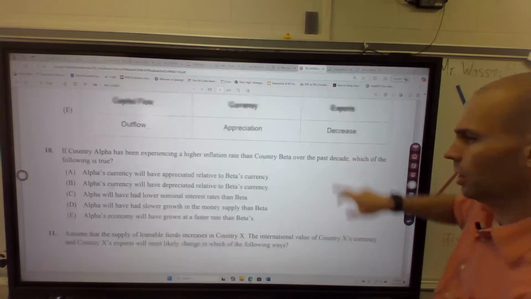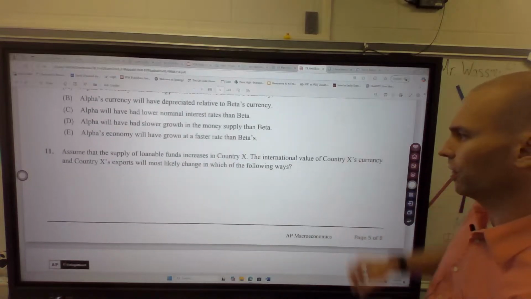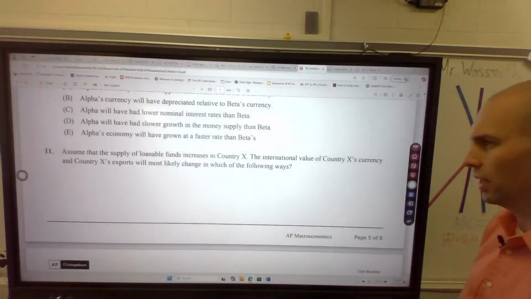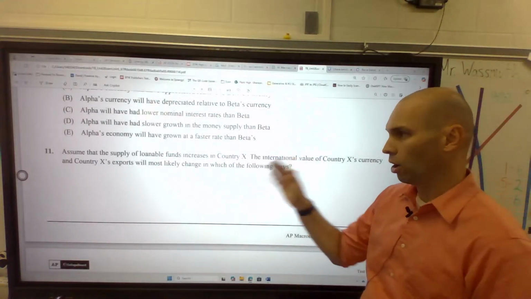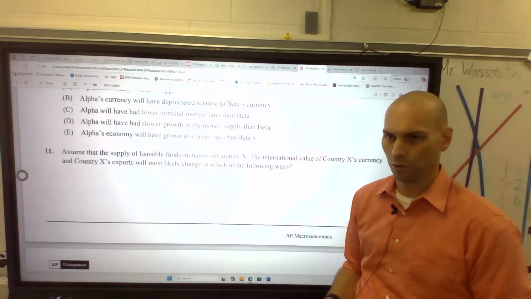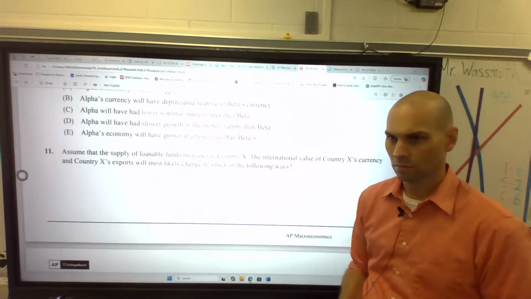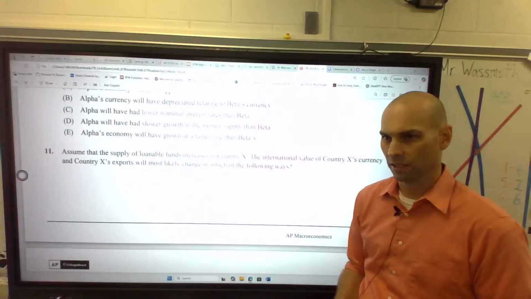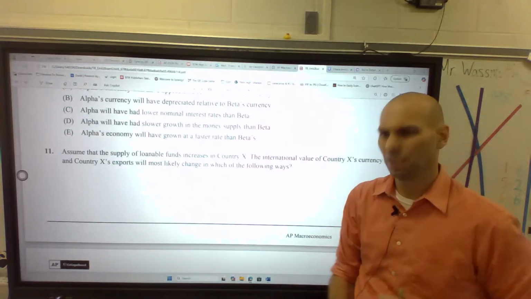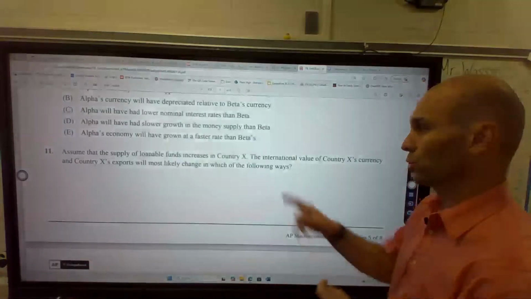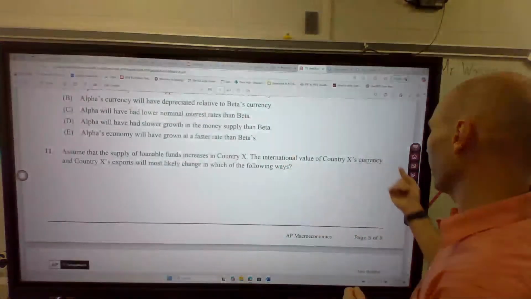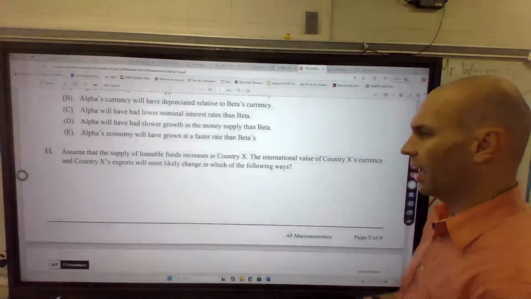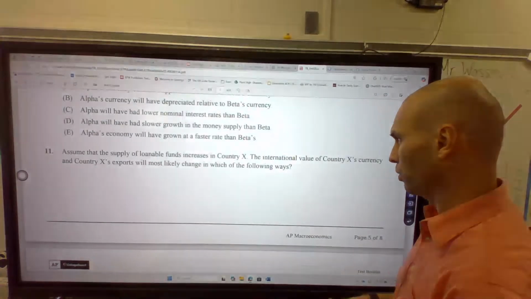Yeah, there we go. Assume that the supply of loanable funds increases in country X. Okay, so right away, what will that do to real interest rates? Supply of loanable funds increases, so they decrease. Interest rates in country X fell. Okay, just with that lens, the international value of country X's currency and country X's exports will change in which of the following ways?